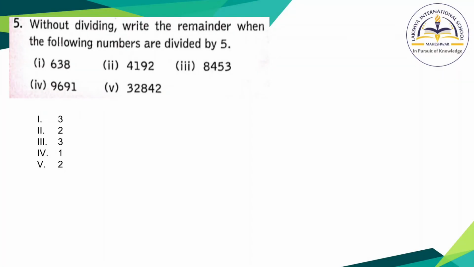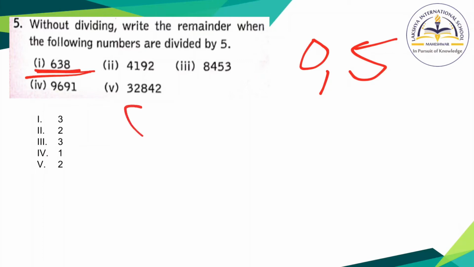Now question number 5: without dividing, write the remainders when the following numbers are divided by 5. So a number which has 5 or 0 at the unit place is divisible by 5. Now you can see there is 638. You just have to check the last digit. Here which number is there? 8.